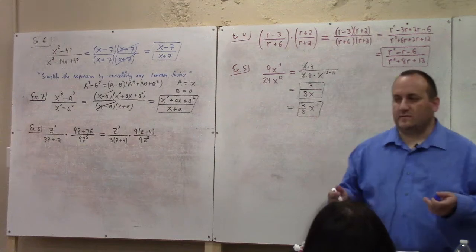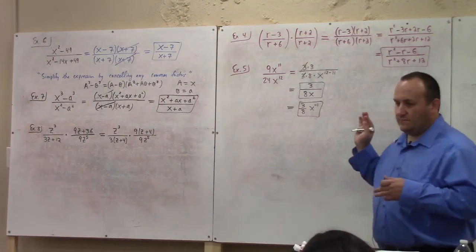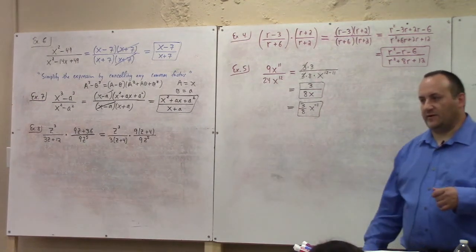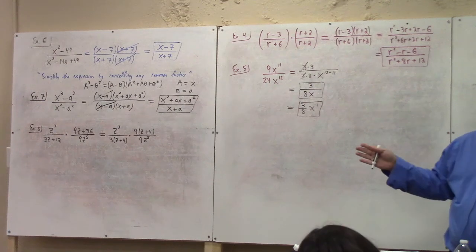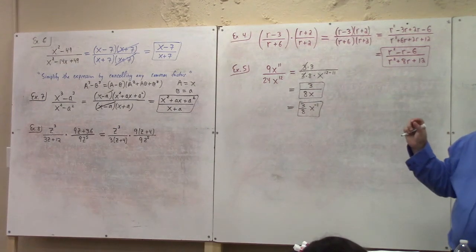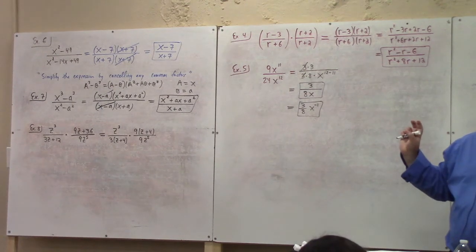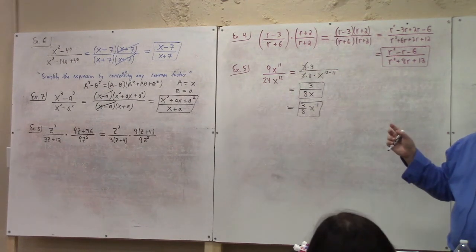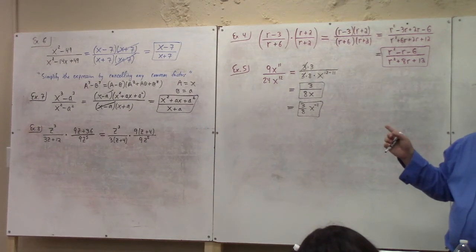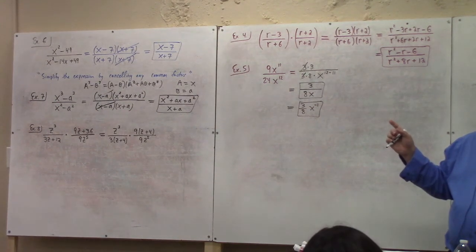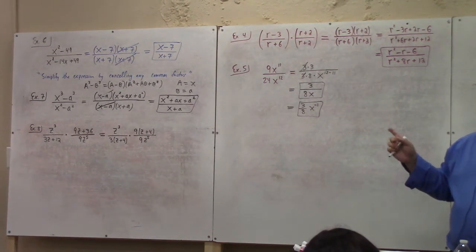Yes, we could just forge ahead and multiply the denominators and multiply the numerators, right? But we make our life easier if we try to understand the fractions before we multiply them. See, there's a 9 common to the second one, and there's a 3 in the first one.